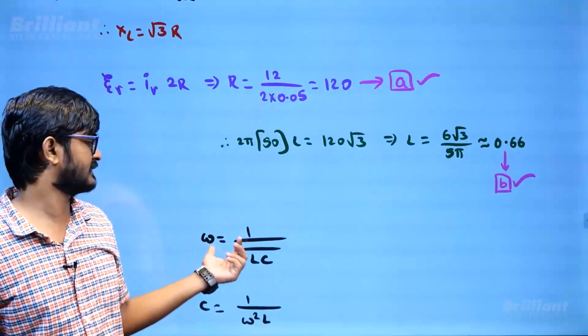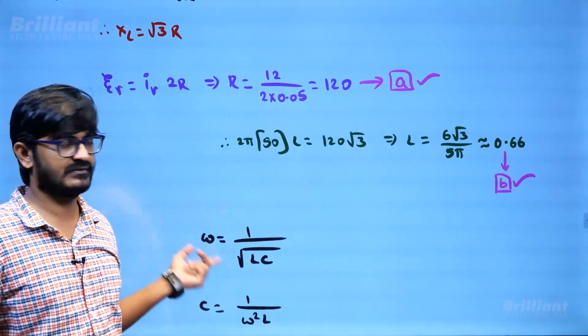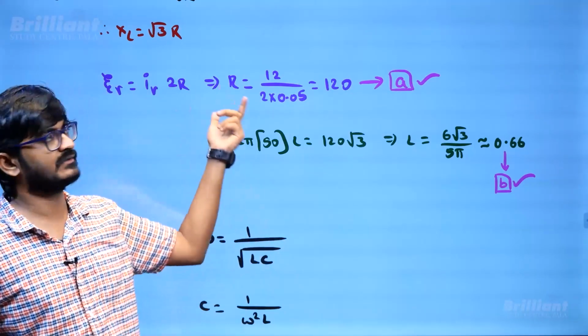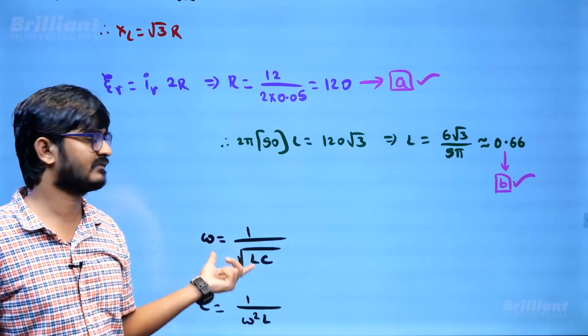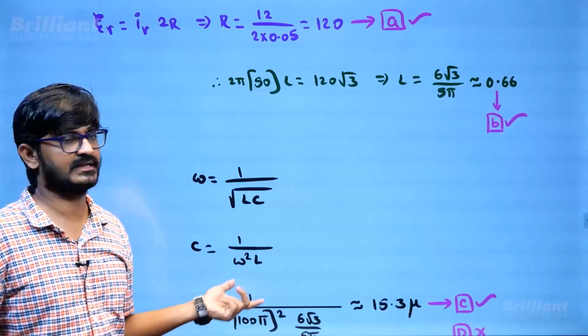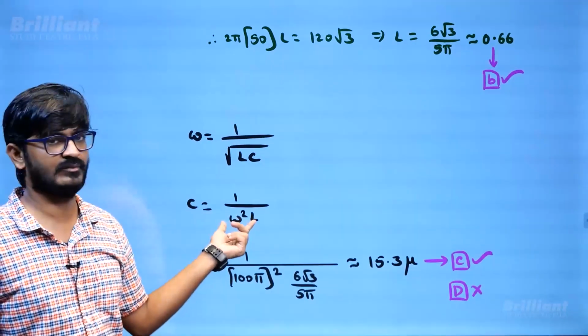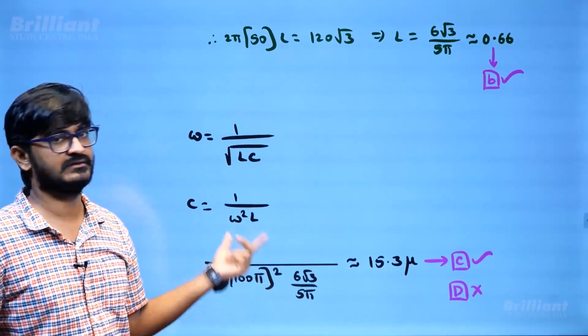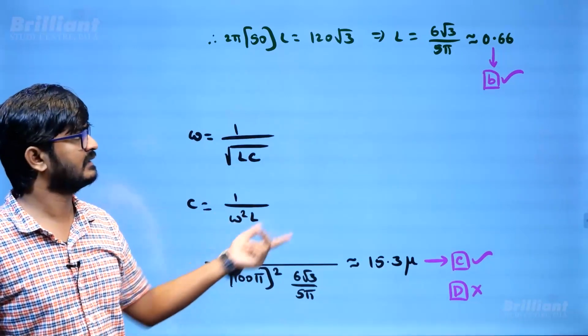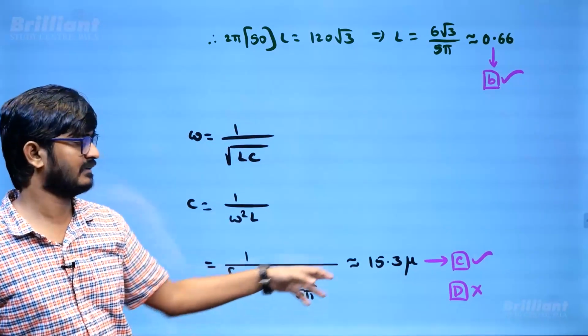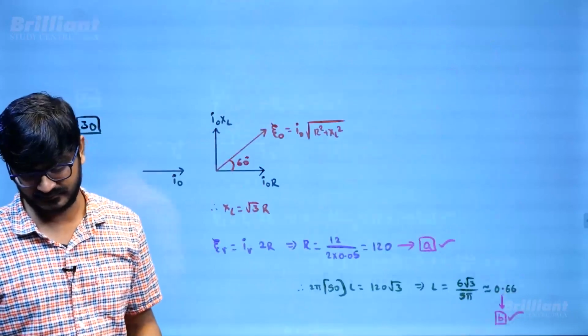So the resonance condition is this one, right? When the source frequency matches the natural angular frequency of the circuit, it will be under resonance. From here C value will be 1 by omega square into L. Omega square is 2 pi f square, and the L value you can substitute back and you will get the answer, right?